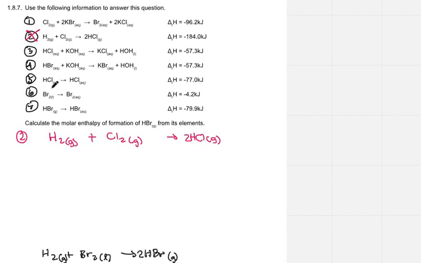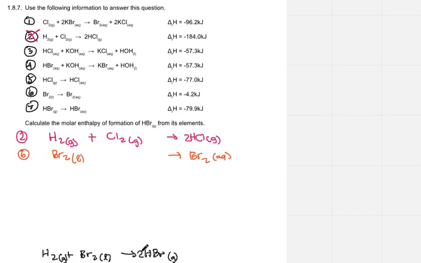This is the only reaction that contains liquid bromine, and it's the correct number, and it's on the left side, so perfect. We can just take reaction 6 as is. That gives us bromine liquid, arrow, bromine aqueous. Okay, 2 things down.